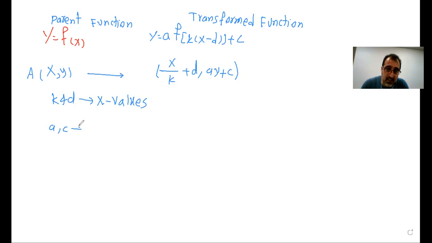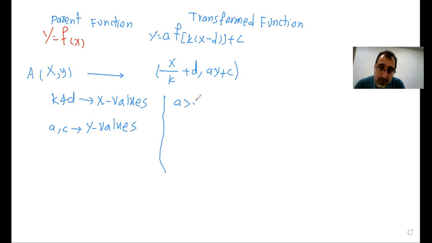A and c work with y values. As a student, maybe someone asks what if a is positive or a is negative, a is greater than 1, a is less than 1. How does that work? Stay with me.